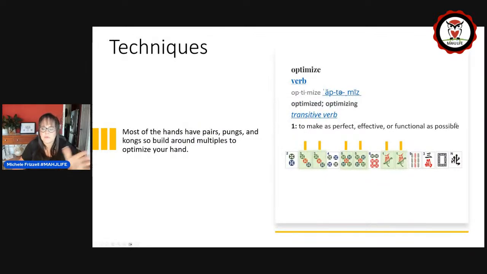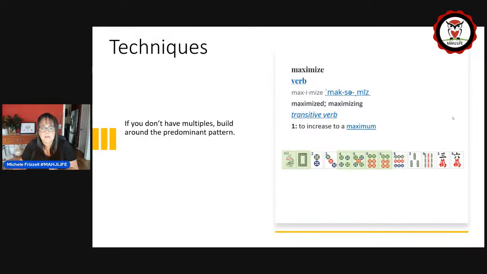Just to review, optimize is when you target multiples. Maximize is when you look for the predominant pattern and you use most of your tiles. So here we have 4, 5, 6 highlighted. That's, not counting the flower, 1, 2, 3, 4, 5 tiles. There's a multiple in there, so that would work.